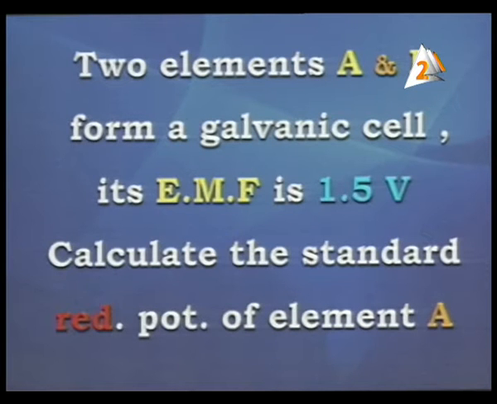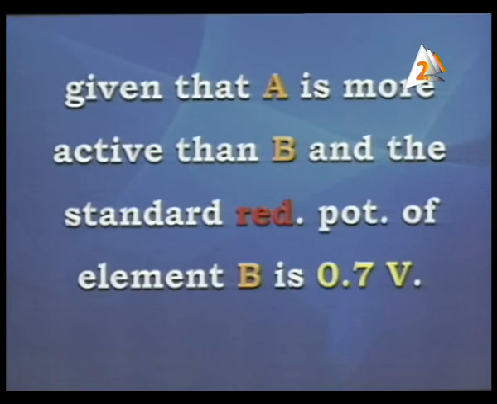Next type of question, my dear student: two elements A and B form a galvanic cell. Its electromotive force is 1.5 volt. Calculate the standard reduction potential of element A, given that element A is more active than B, and the standard reduction potential of B is 0.7 volt.